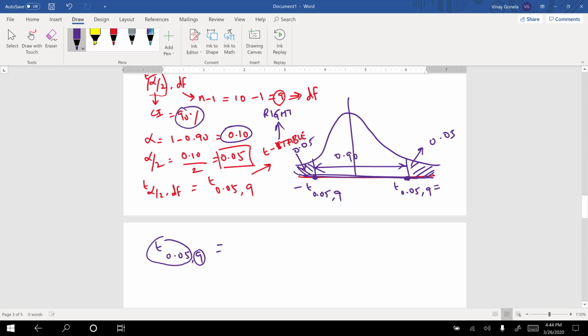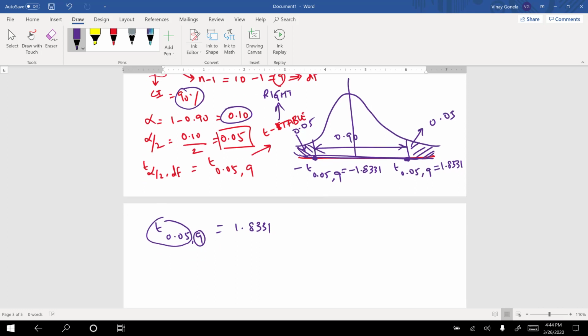This is the value I got, 1.8331. This would be negative 1.8331 on the other side, and this is 1.8331. So I will substitute that value into our formula.